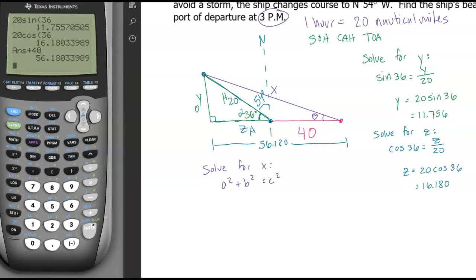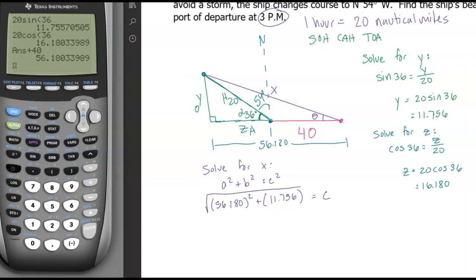For my a value, I'm going to have be that bottom side 56.180, and my b value be y, 11.756. And to get my hypotenuse by itself, I have to square root these.